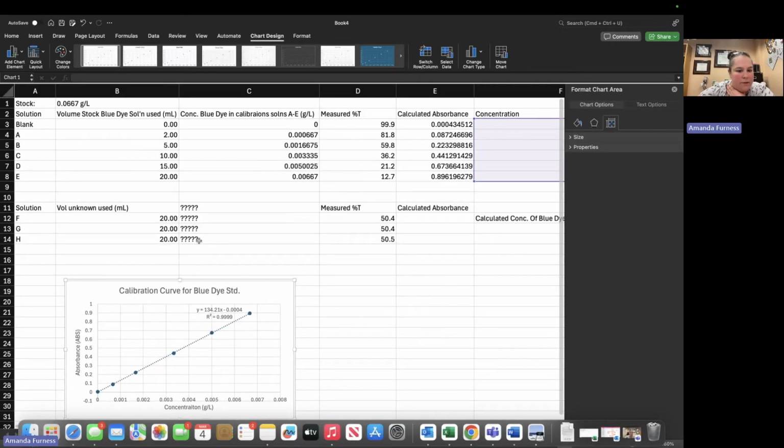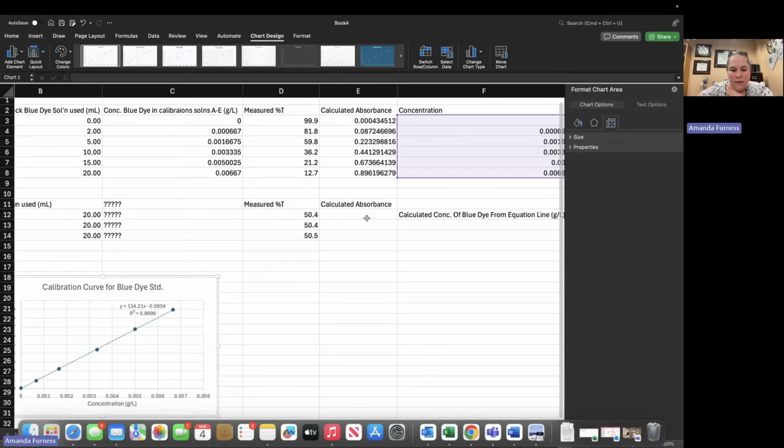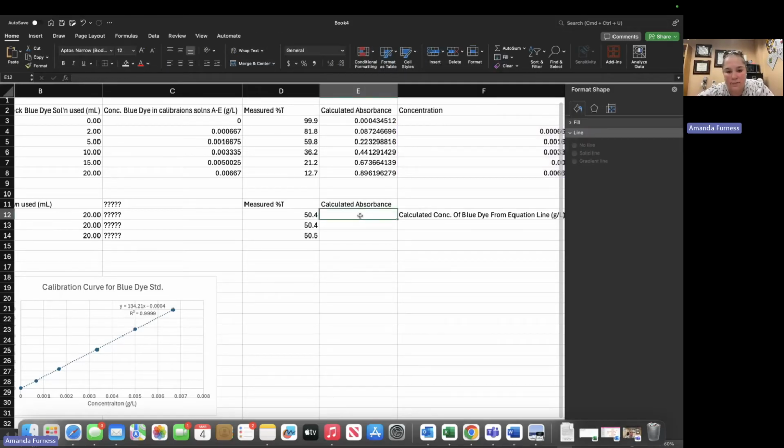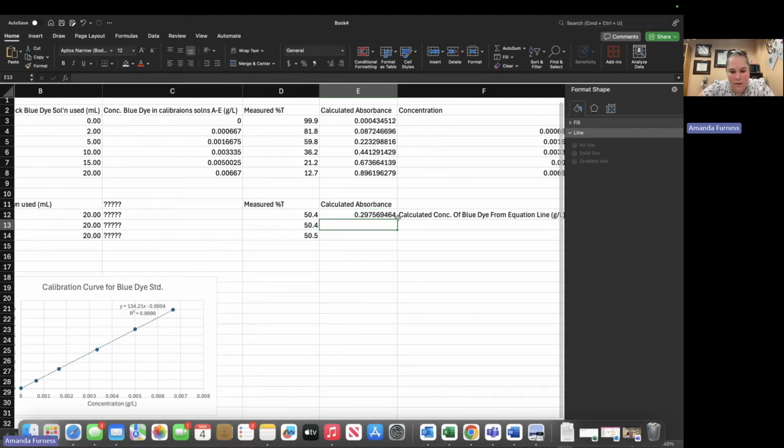So we have our measured absorbance. We can do the same thing then to determine the measured transmittance, excuse me. We can do the same thing to determine our calculated absorbance. So our calculated absorbance, just like we did up here, is going to be equal to -1 times the log base 10 of our transmittance divided by 100, right? We can then drag this down so we get the calculated absorbance for all 3 trials.